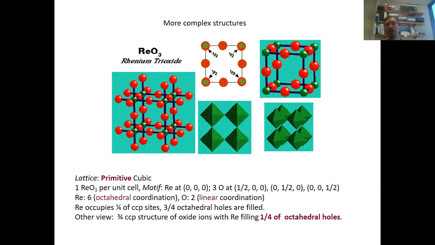But that's not the case in the rhenium trioxide structure. Here we have a case where the oxygen is coordinated in a linear fashion. As we can easily see, the rhenium ions are coordinated in an octahedral fashion by oxygen. So overall we have a 6-2 coordination. The rhenium has the coordination number 6, the oxygen has the coordination number 2.